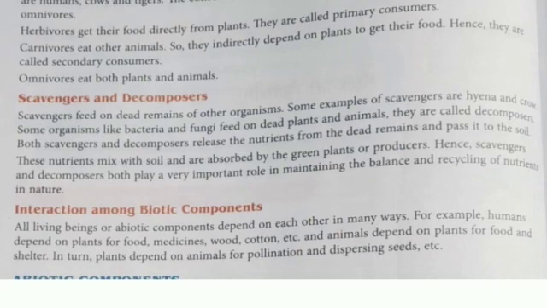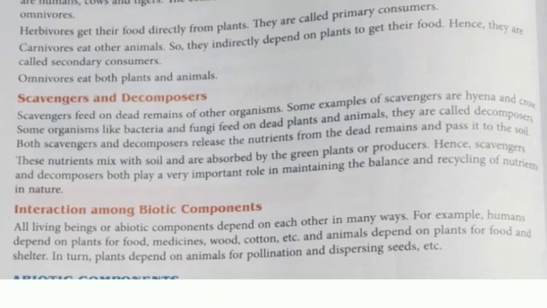Interaction among biotic components. All living beings and abiotic components depend on each other in many ways. For example, humans depend on plants for food, medicine, wood, cotton, etc. And animals depend on plants for food and shelter.